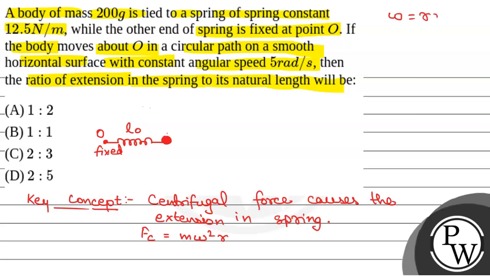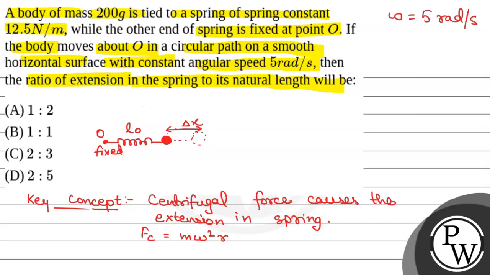Due to omega, a centrifugal force will act radially outward, which will cause the extension of the spring. Suppose the spring is extended by a length delta x.